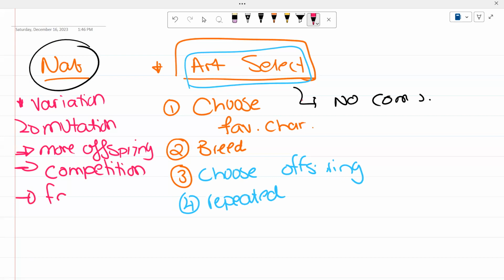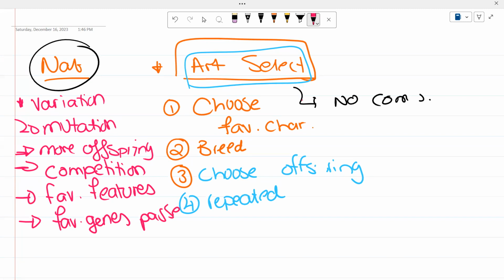It's actually very logical. Those with favorable features will survive, reach reproductive age, breed, and their favorable genes will be passed on, so that with time all the population will inherit the favorable characteristics, and this will create natural selection.